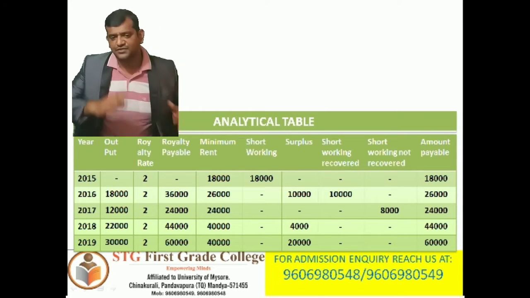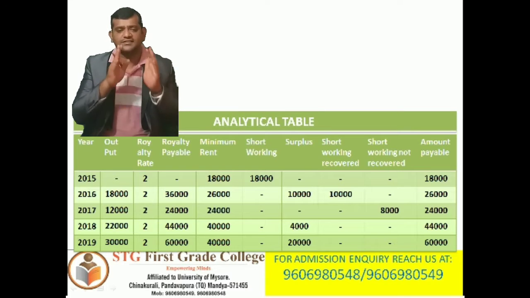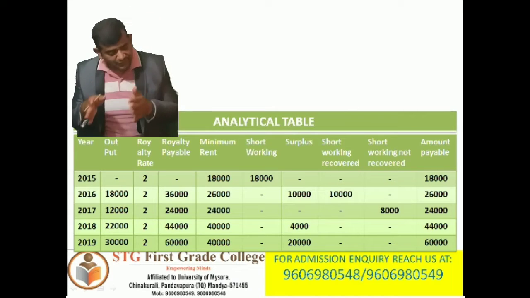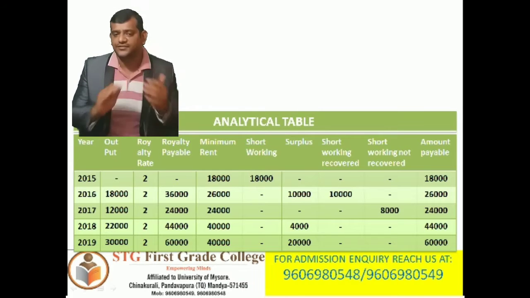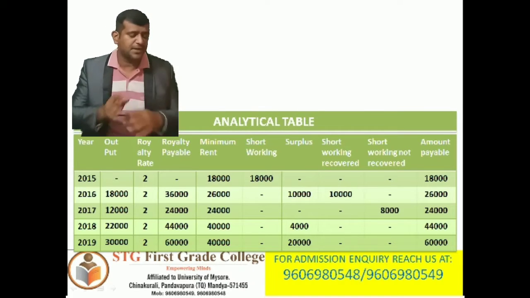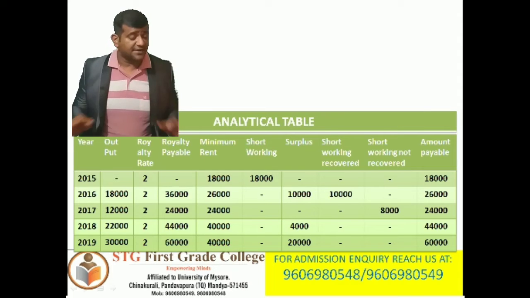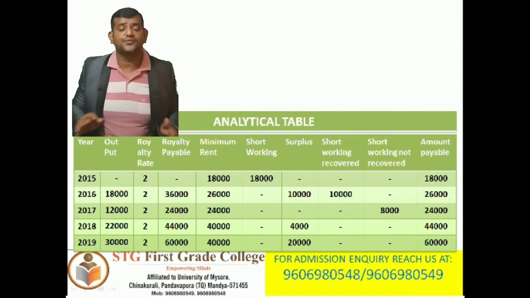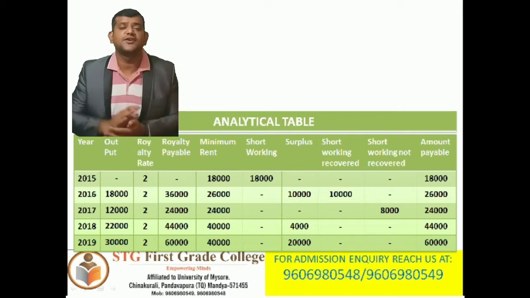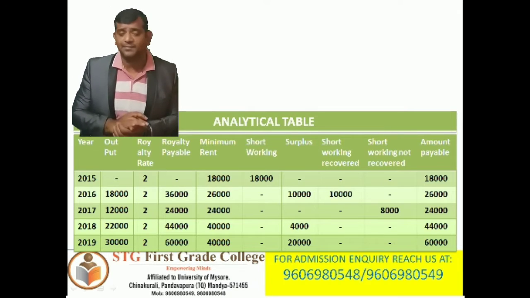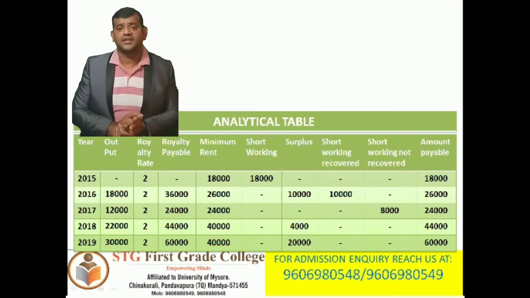Then 12,000 into 2, 24,000, that is the royalty payable, and that will become the minimum rent due to the strike in that year. So there is no short working, no surplus, no short working recovered, but there is a short working not recovered, because in this problem they have given only 2 years of time to recoup short working, if any.